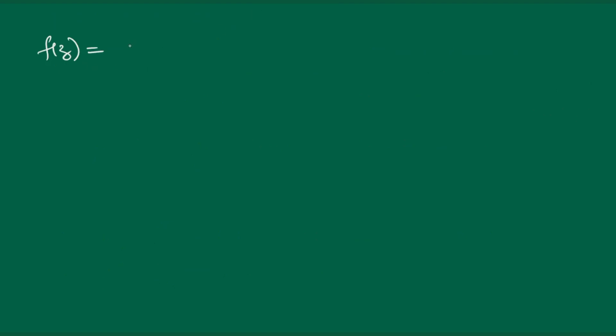Here the function is f of z equal to z square divided by (z plus 1) into (z minus 1) whole square. This is the function given. We have to evaluate this for the simple closed curve C, where C is modulus of z equal to 2. What do we mean by modulus of z equal to 2? It is a circle with center origin and radius 2.